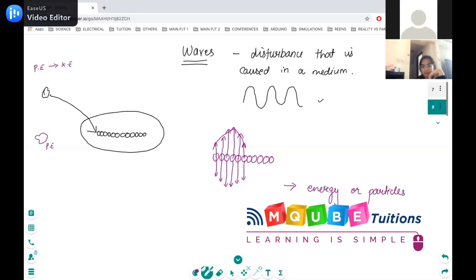Among the energy and the particle, which one is transported? There is transferring of energy that is taking place. The energy is transferred from the first molecule and it reaches slowly to the next neighboring molecules. Correct, no? Yes. All right.